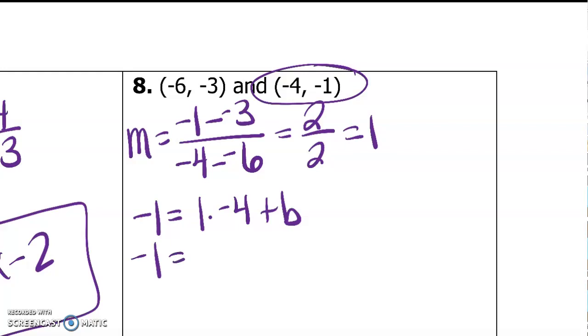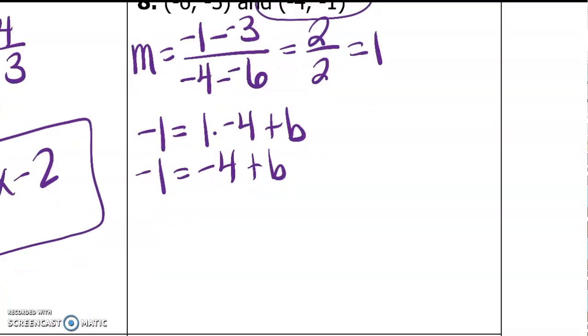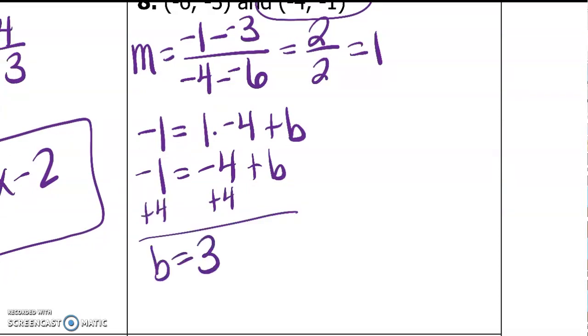So -1 equals -4 plus b. Add 4 to both sides. B is equal to 3. So y equals 1x, so just x plus 3.